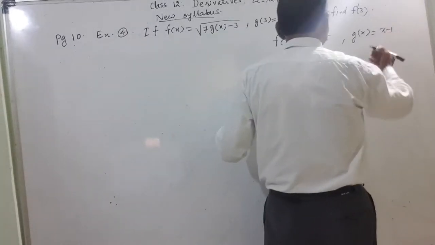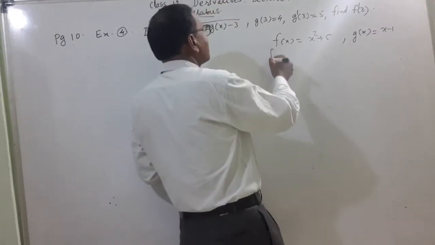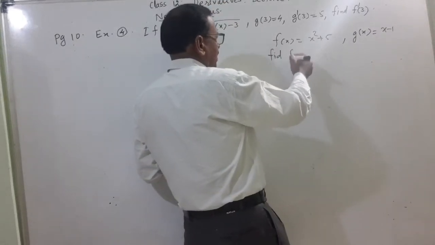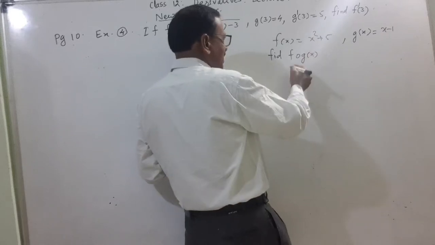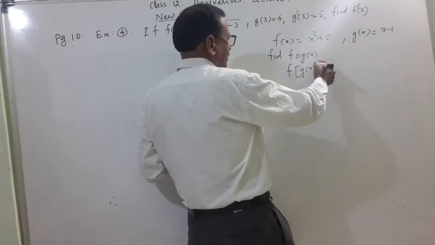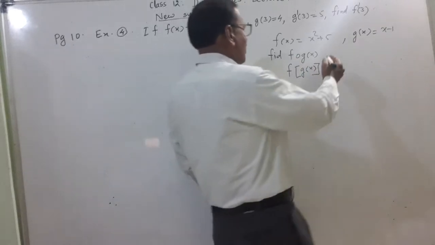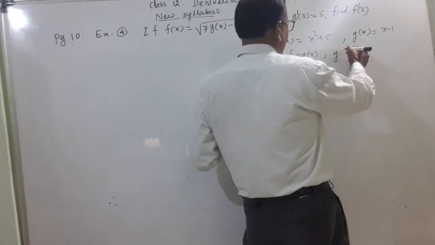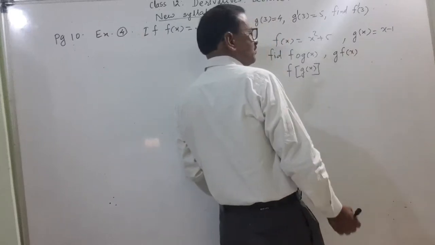Find f of g of x. This is written this way also, and we call this fog of x, or they may ask you g of f of x.